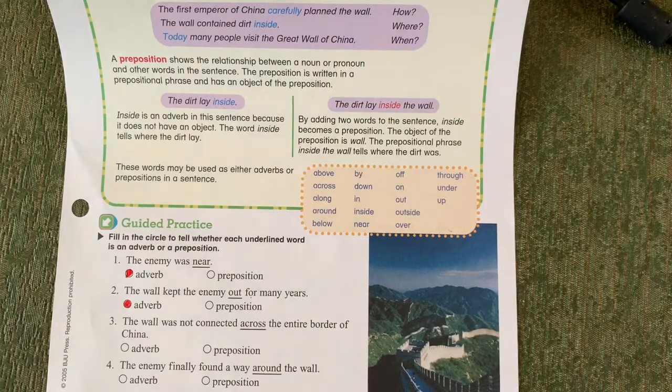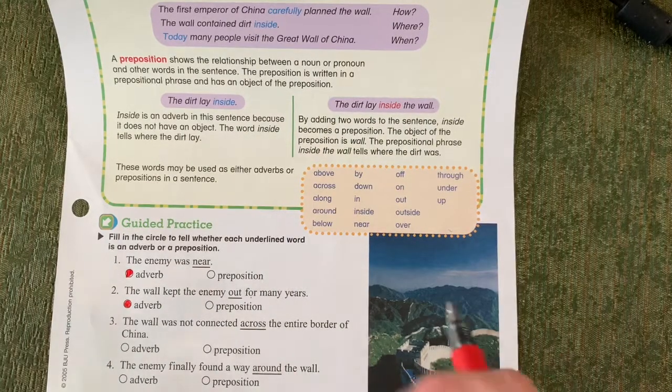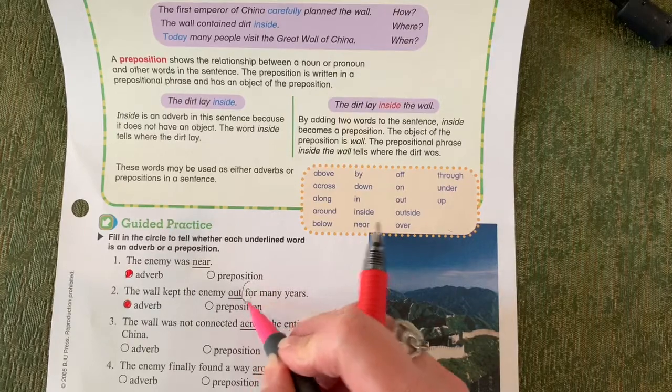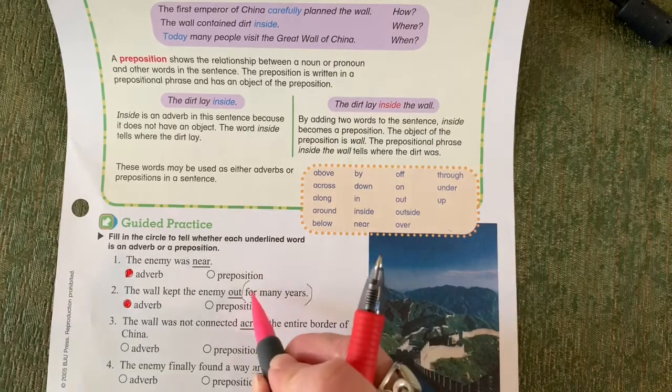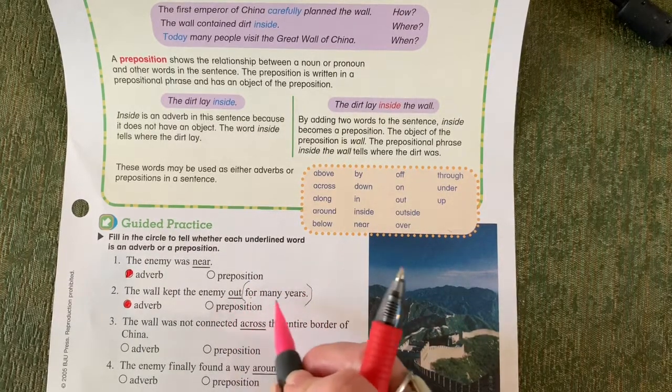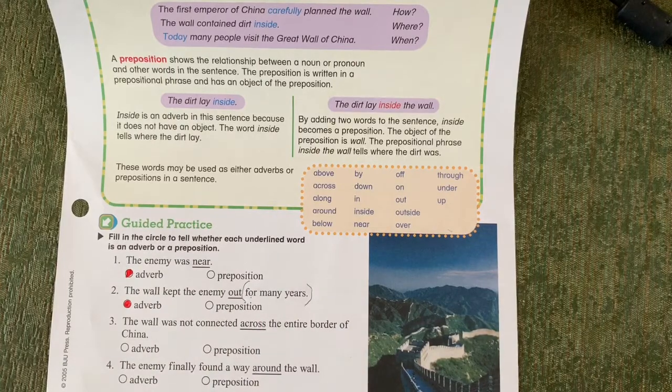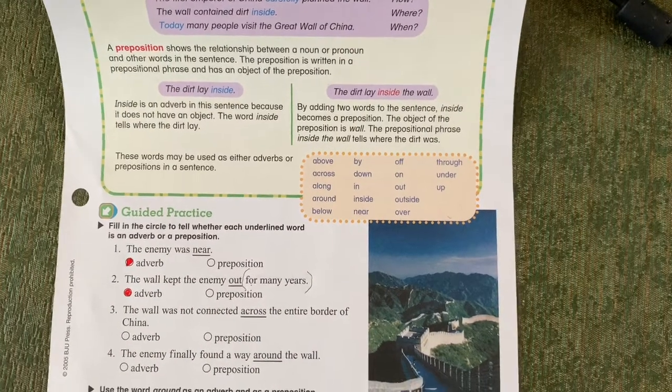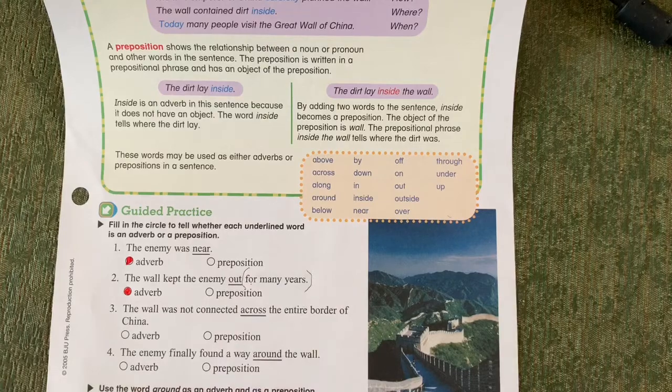And remember, you can't have more than one preposition in a prepositional phrase. So if for is a preposition, I'm going to put parentheses around that, and it has an object, that doesn't leave anything left for out. It doesn't have an object, so it's an adverb.